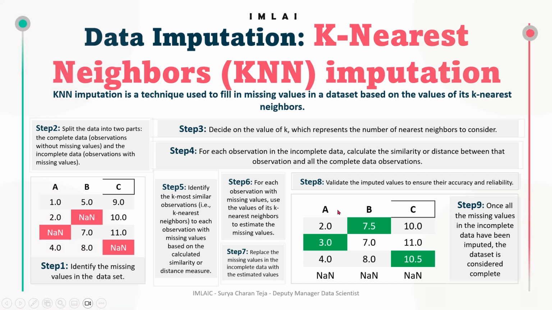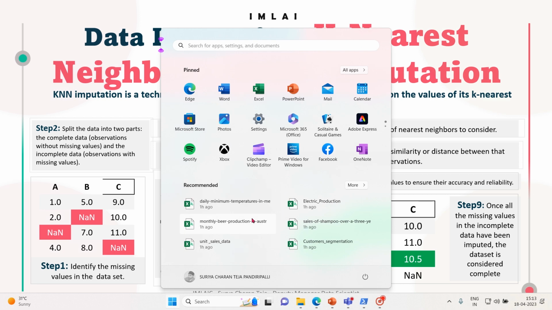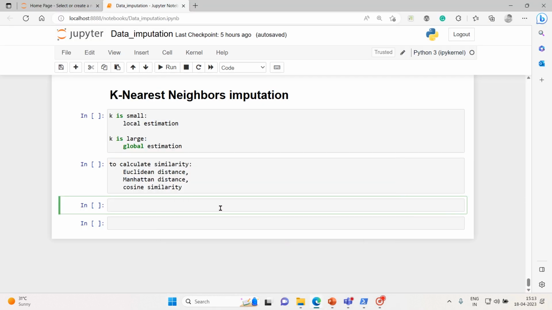So that's how K nearest neighbors imputation works. Now let's take one simple example, and then we'll wrap up K nearest neighbors.